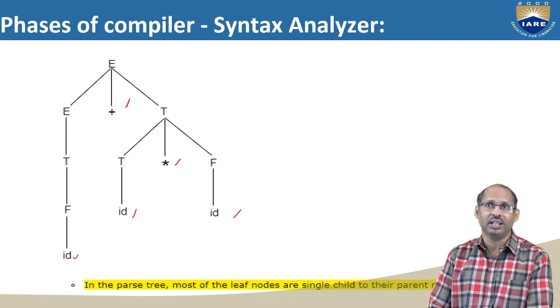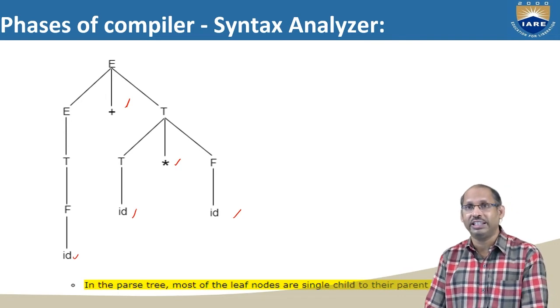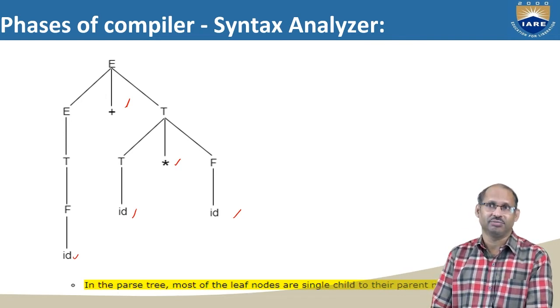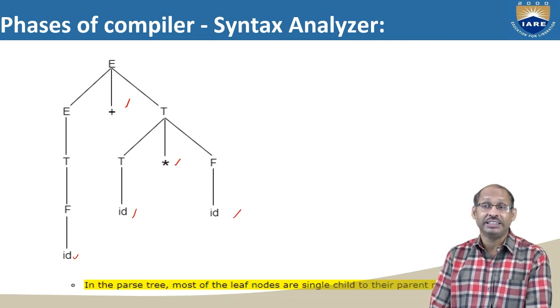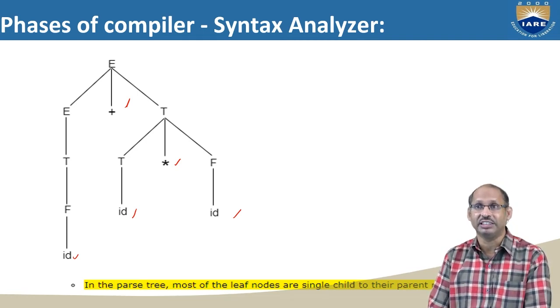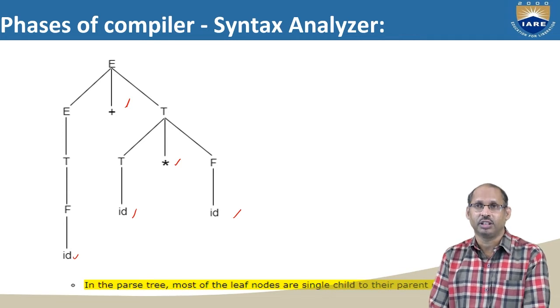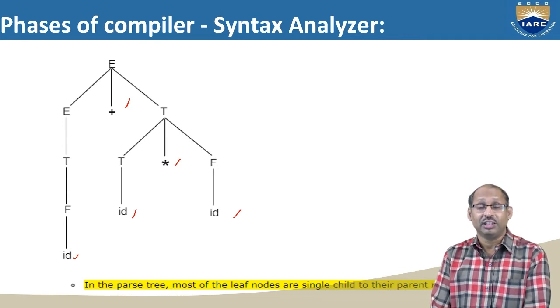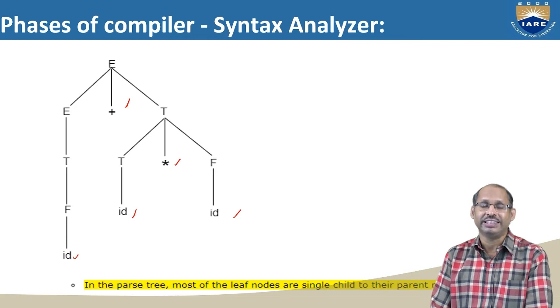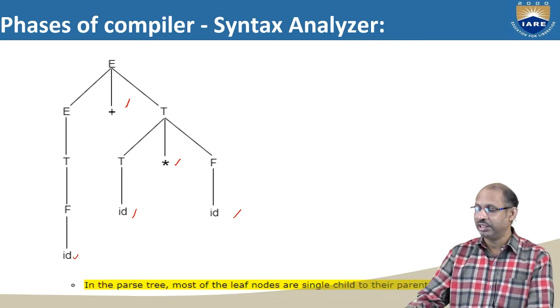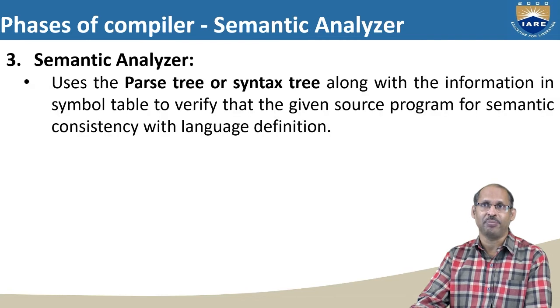Or it will also be called a parse tree, right? It will follow the context-free grammars in which the syntax rules of the programming language are represented, right? So using those context-free grammar productions, the tokens are converted into syntax trees or parse trees by the syntax analyzer, right? That is the second phase of the compiler.